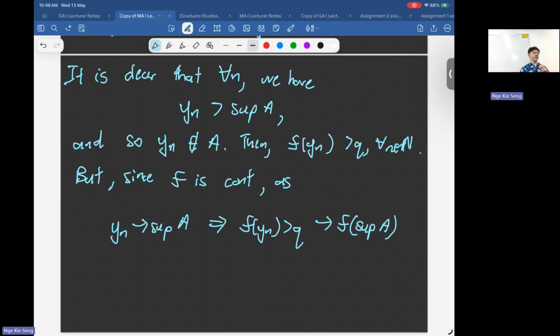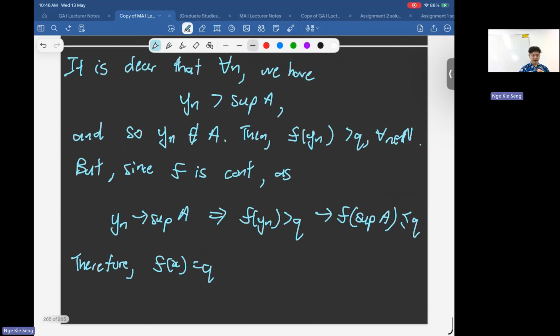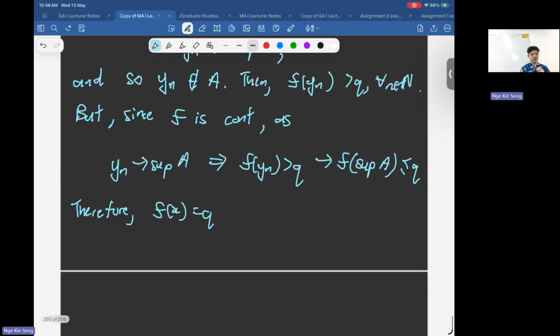Continuity preserves convergence. But then this F of sub A, we assume it is less than or equal to Q. Okay, therefore it can only be Q.